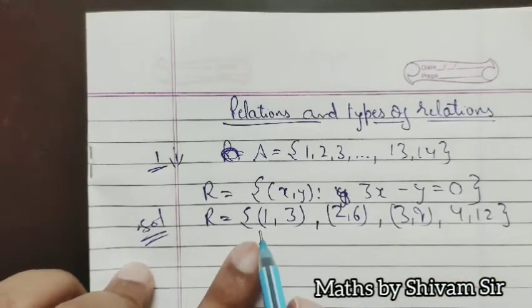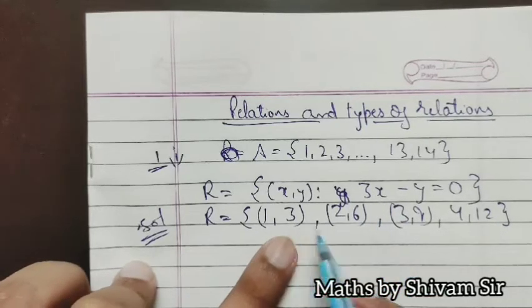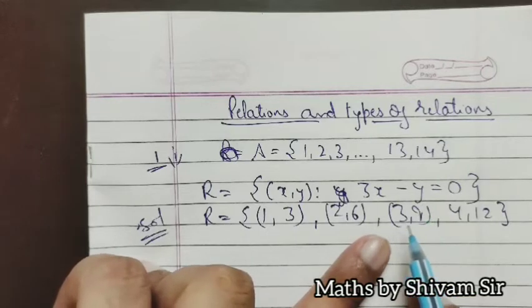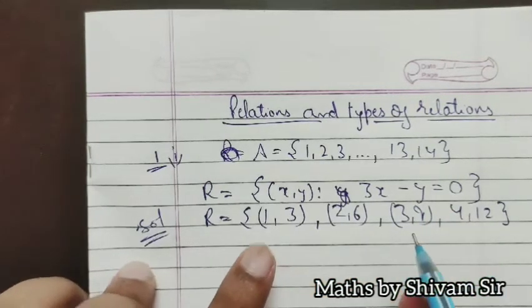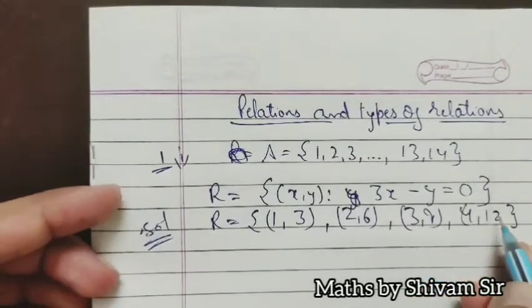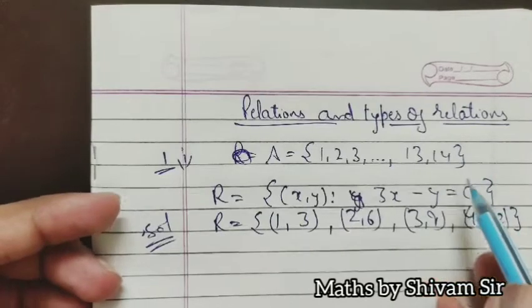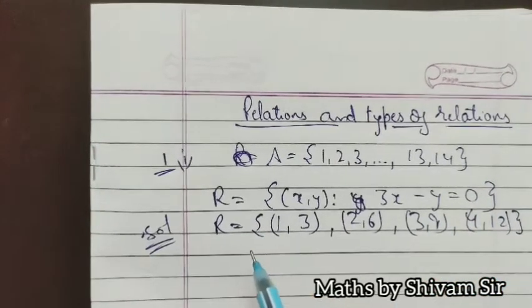How? 3 multiplied by 4 is 12, 12 minus 12 is 0. If we take 5, 5 multiplied by 3 is 15, but we do not have 15 here, so we cannot take 5. So the only possible relation is this one, right?